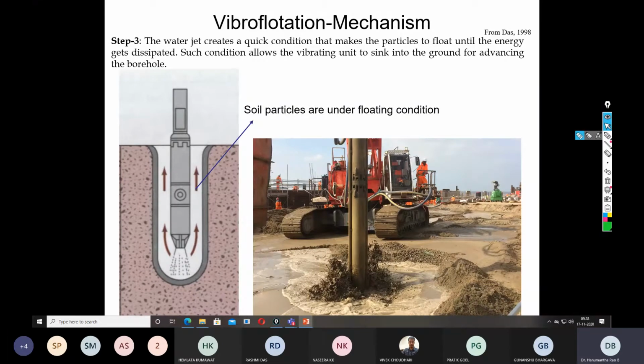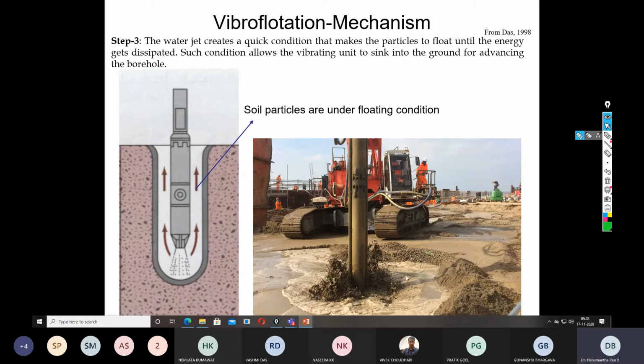In the third step, which is the most important step, the fundamental mechanism of the vibroflotation is involved. When you advance the borehole with the help of the water jet, all the particles get loosened, but since we also use the water jet, there is a possibility of the water and the soil particles mixing together.